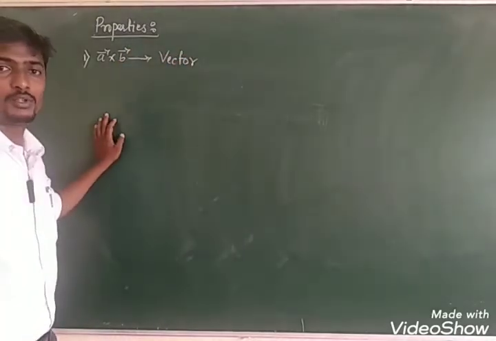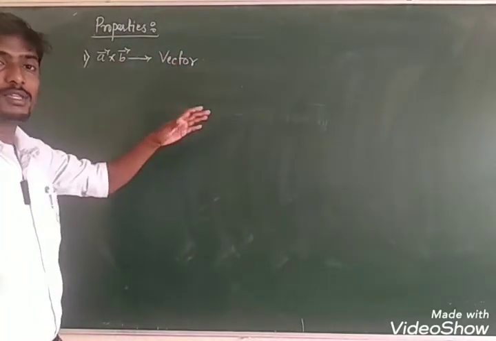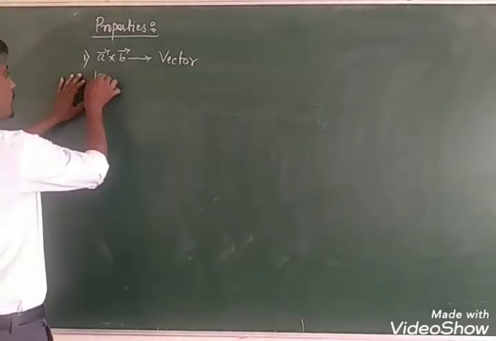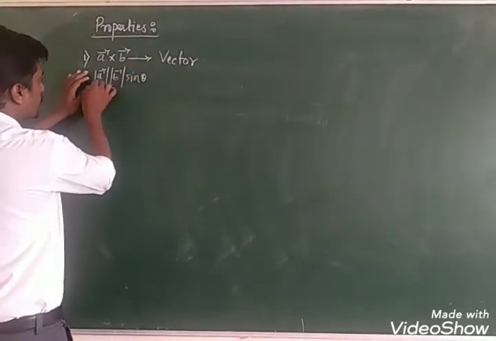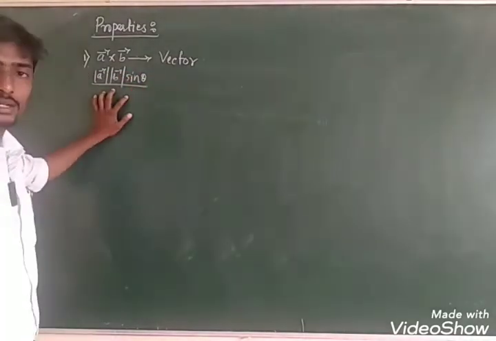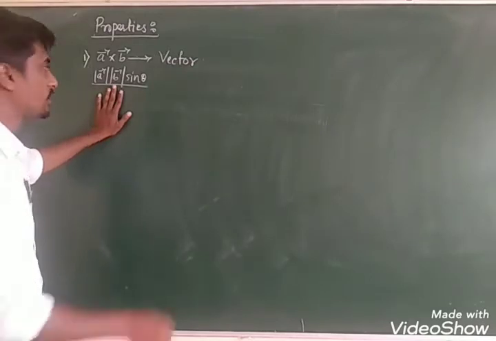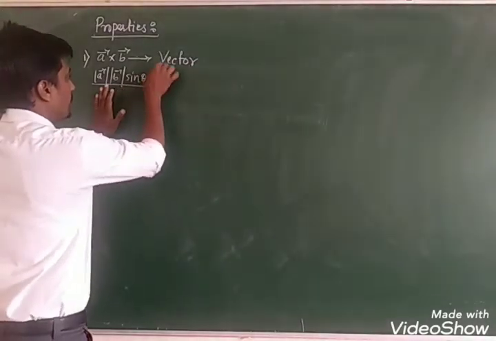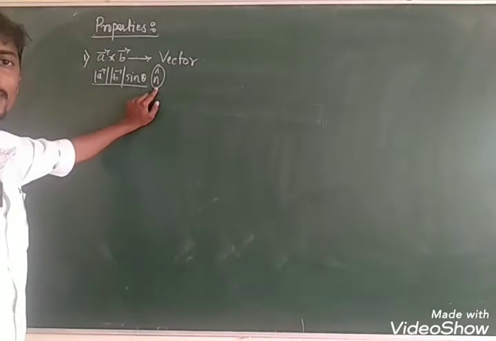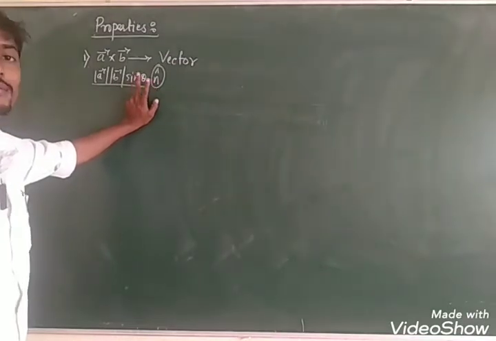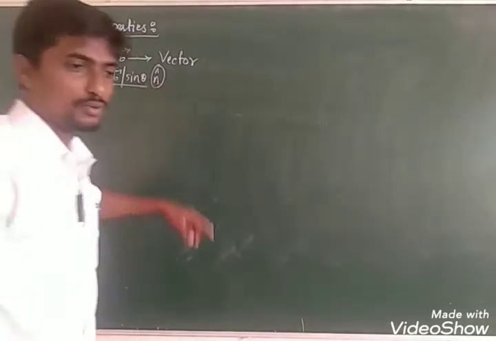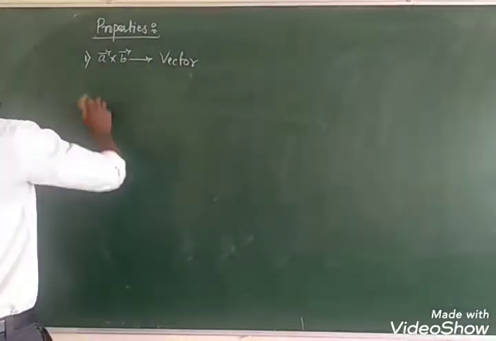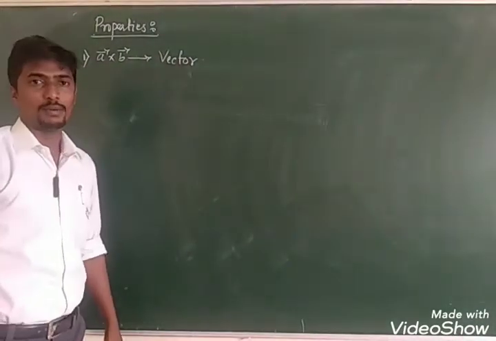Why? In the definition we saw that magnitude of A and magnitude of B sin theta is a scalar, but there is another quantity, n cap, because of which the quantity is in vector form. So the first property is that A cross B is always a vector.